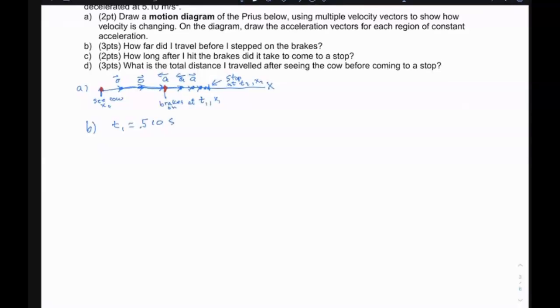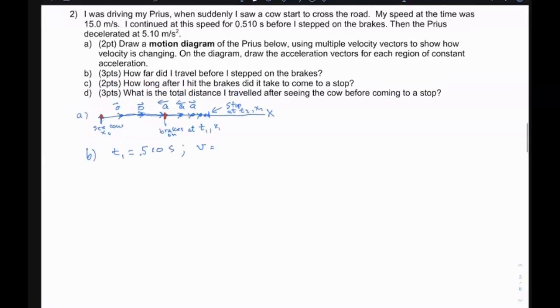And I know that the velocity is constant during this time, and that is 15.0 meters per second.